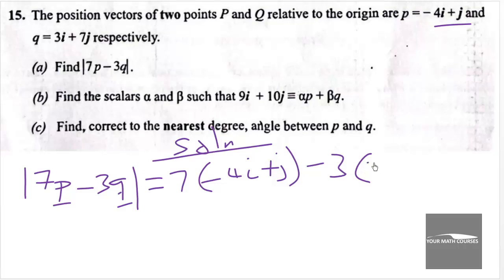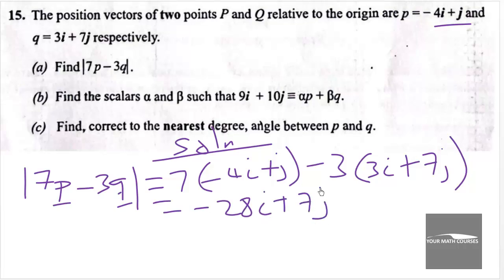Q is 3i plus 7j. So let's expand. We get negative 28i plus 7j minus 9i minus 21j. And this simplifies to negative 37i minus 14j.